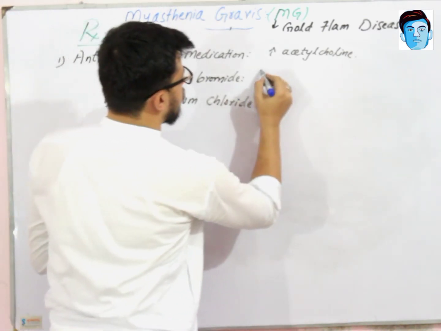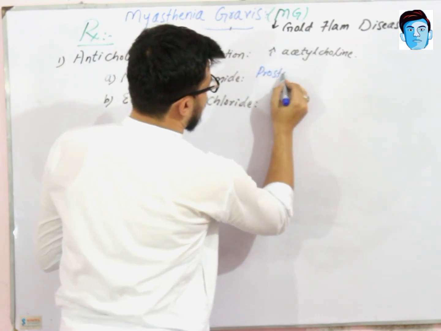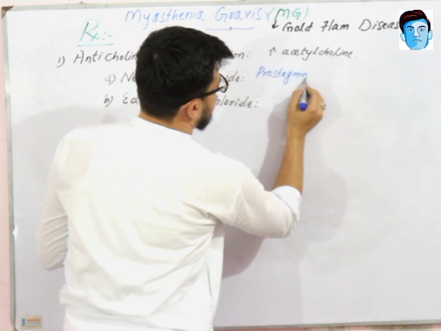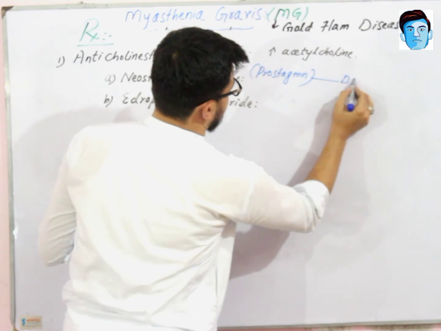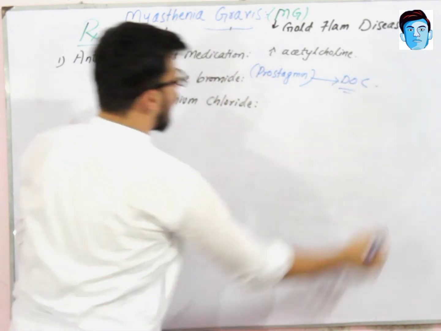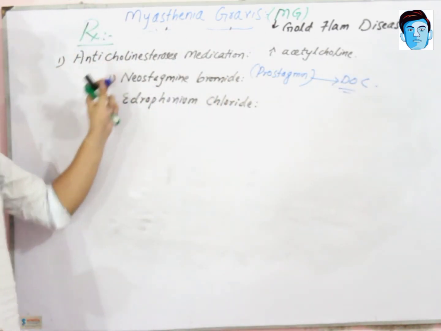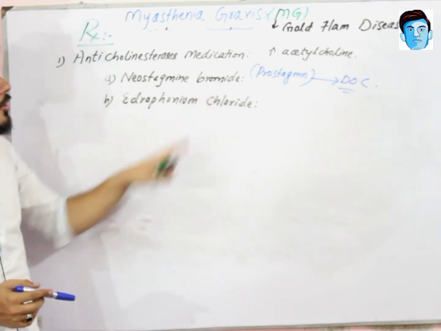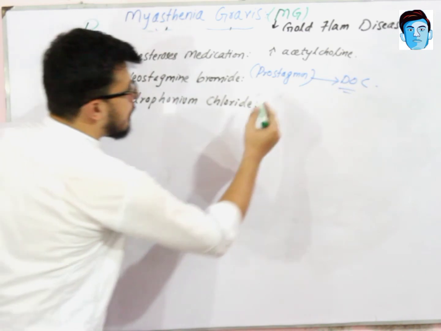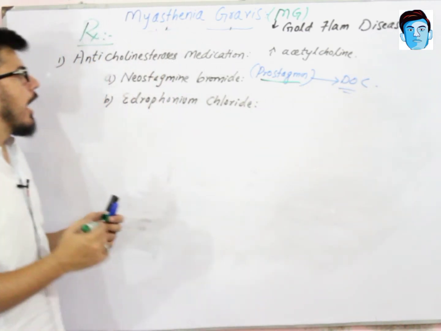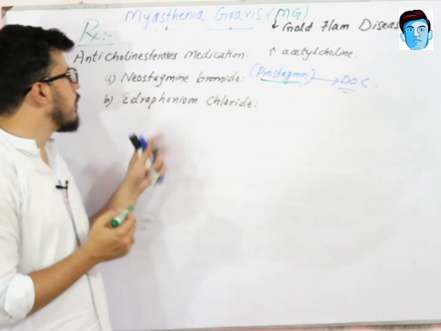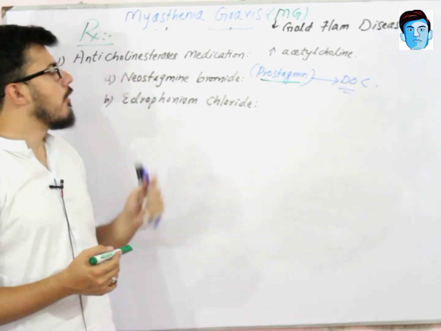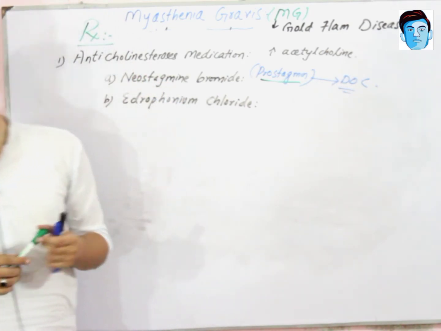So in the category of anticholinesterase medication we have two options, neostigmine bromide and edrophonium chloride, and prostigmine is the drug of choice.